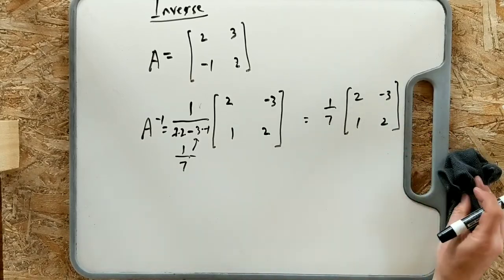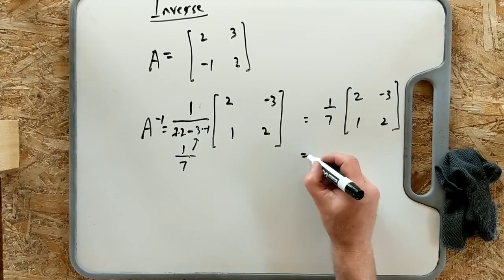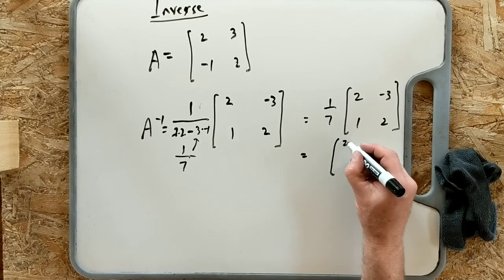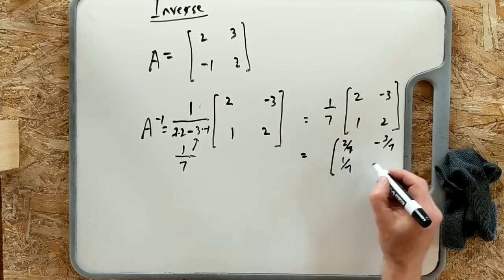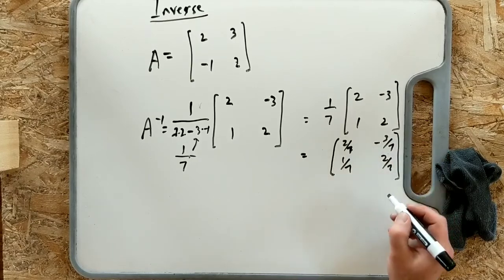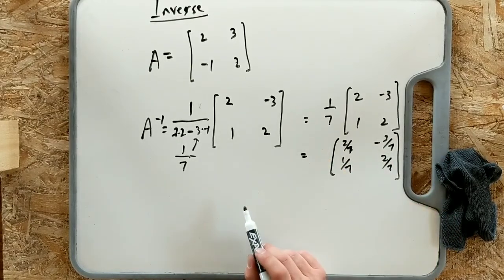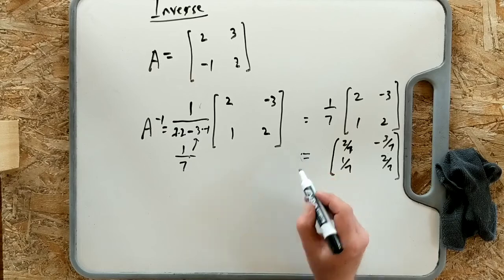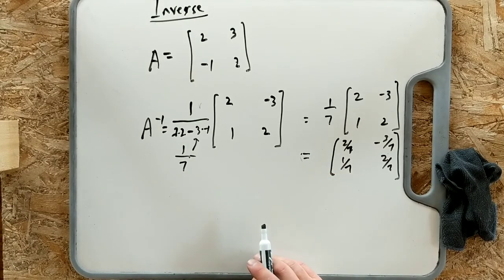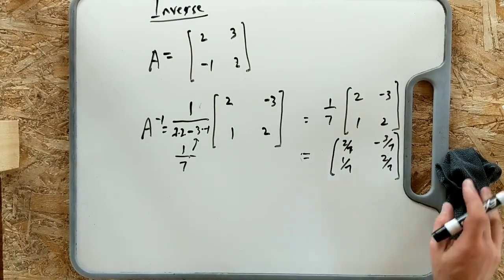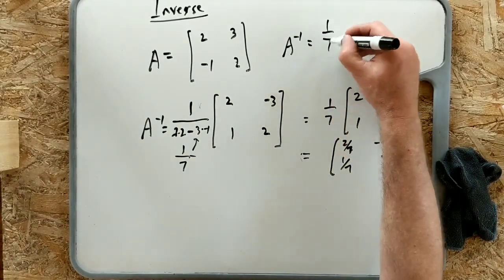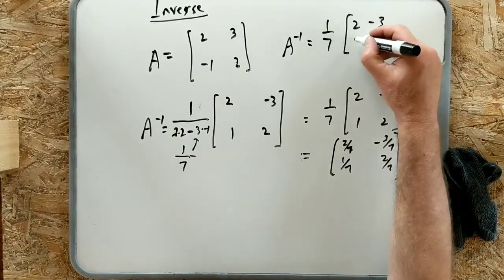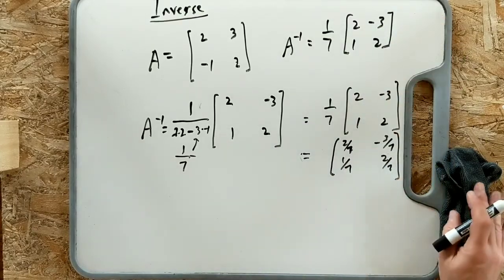I tend to leave the 1/7 outside, although you can put it inside. This is also equal to 2/7, negative 3/7, 1/7, and 2/7 by scalar multiplication. But I tend to keep the 1/7 outside, and you'll see when we start solving equations with this why I do that. Anyway, there's your inverse. So I'm going to take that right up here and then show you what an inverse does. There's my inverse.